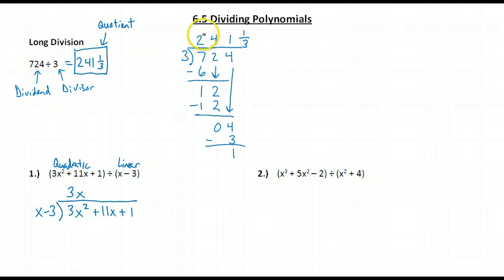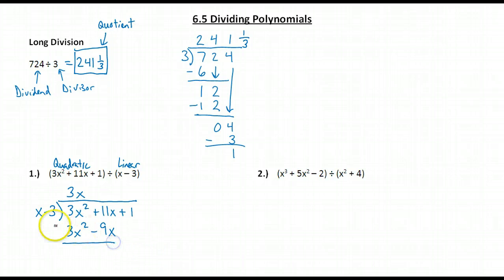Now, just like before where I took 2 times 3 and got 6, I'm going to take 3x times x minus 3. 3x times x minus 3 is 3x squared minus 9x. I have to distribute this 3x to both of these terms.